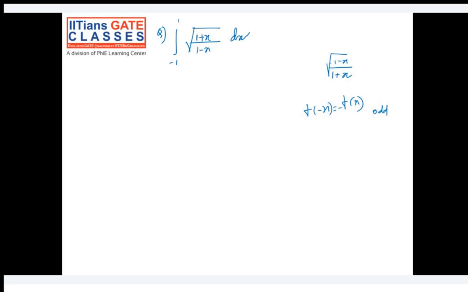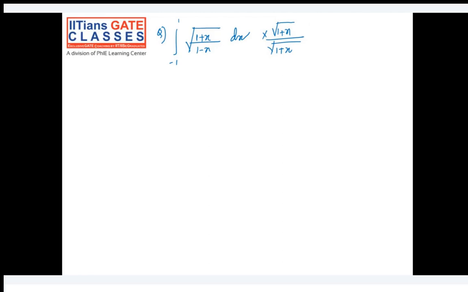So to simplify it, what you have to do is multiply and divide with 1 minus x and 1 plus x. I told you in the beginning, whenever you have a root in the denominator, better you rationalize it.